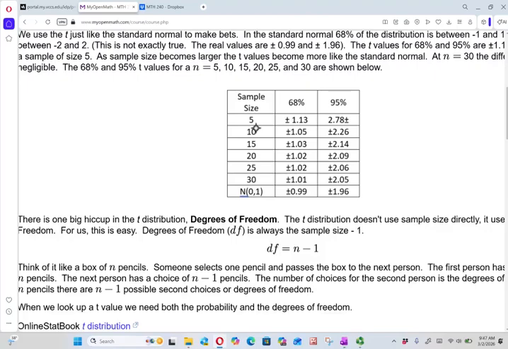Otherwise, my sample sizes were 2,000, 200 minimum. The difference between the Z and the T value at a sample size of 200 is immaterial. The difference at 25 is immaterial. But we're stuck with the T distribution.